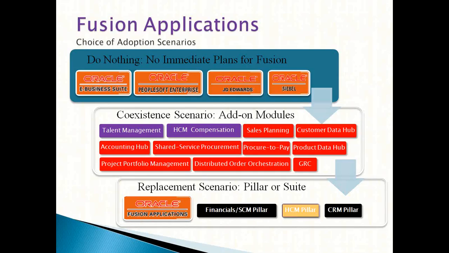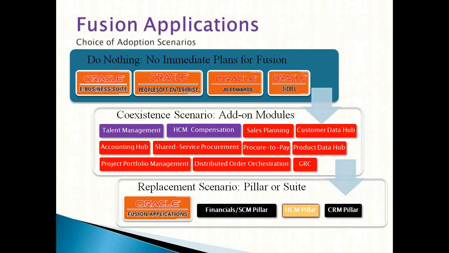The third option is coexistence. In coexistence, you use your traditional core application, maybe E-Business, PeopleSoft, whatever it is, and plug and play some products of Fusion. For example, your core HCM is running on E-Business, but you want to try Fusion HCM compensation, because you don't have E-Business compensation.